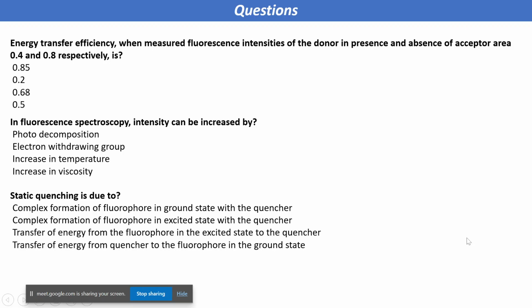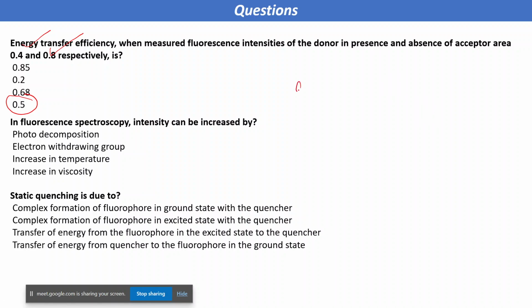Next question. When measuring energy transfer efficiency, the fluorescence intensity of the donor in presence and absence of the acceptor are 0.4 and 0.8 respectively. So what is the energy transfer efficiency? Is it 0.85, 0.2, 0.68 or 0.5? 0.5 is correct. It is 1 minus 0.4 upon 0.8. Correct.